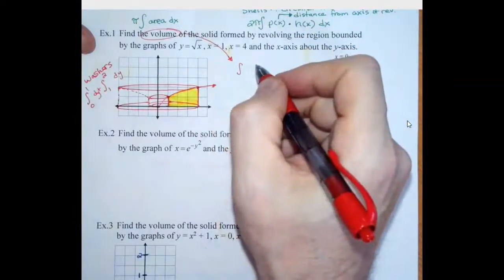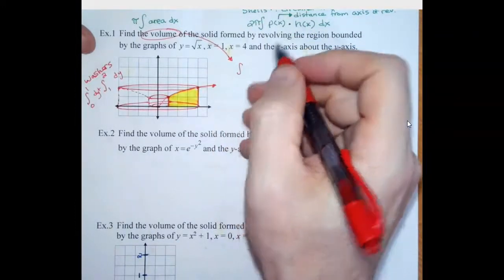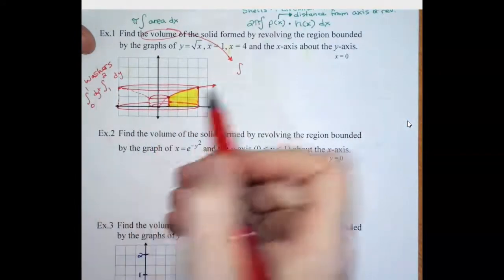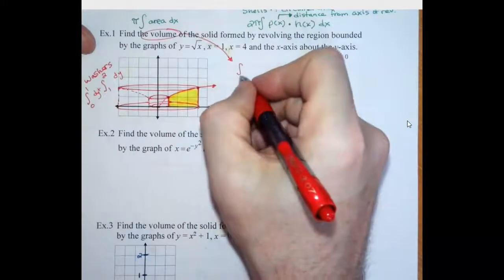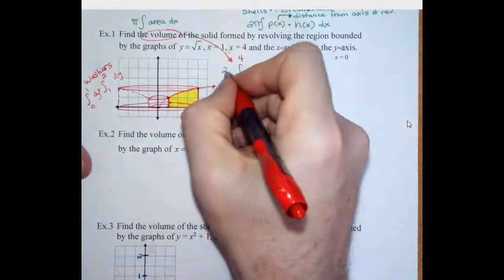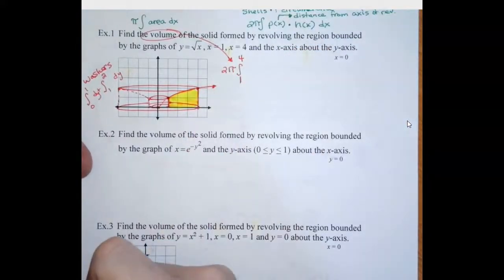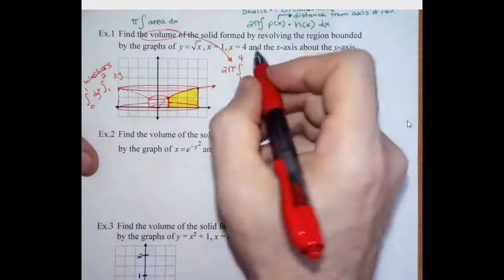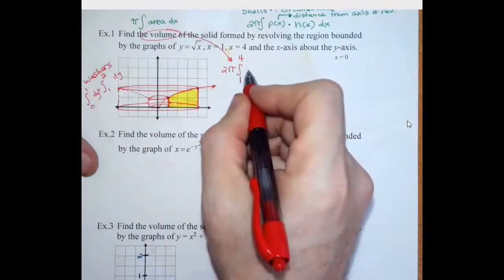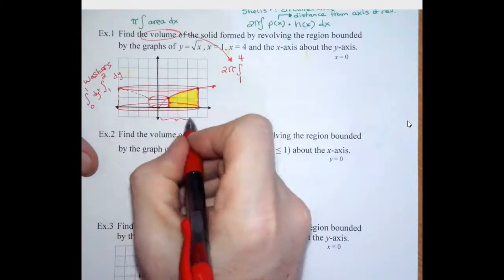So the shells, where we're staying with x, we're going from 1 to 4. Okay, 1 to 4. And then since we're using shells, we're going to use circumference, so it's going to be 2 pi. Now the first thing, the p of x function, is the distance from here.